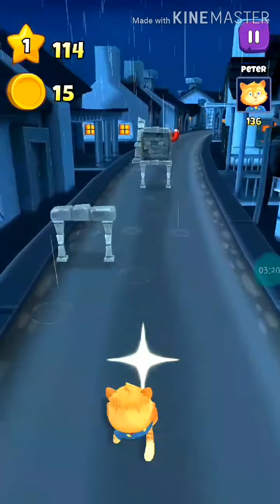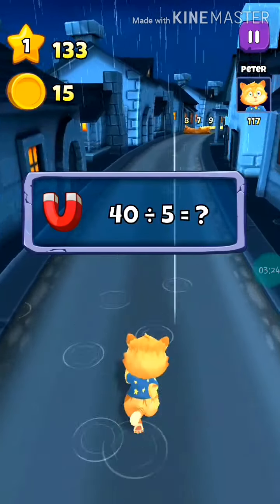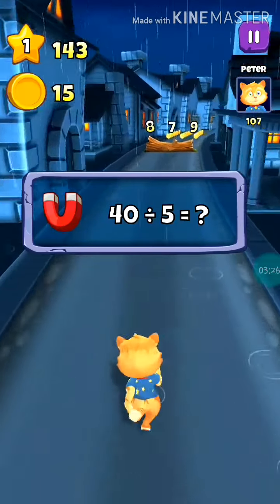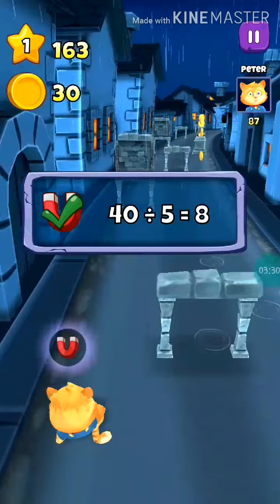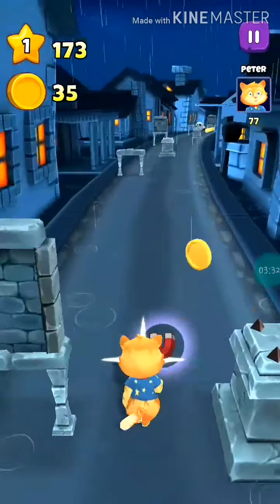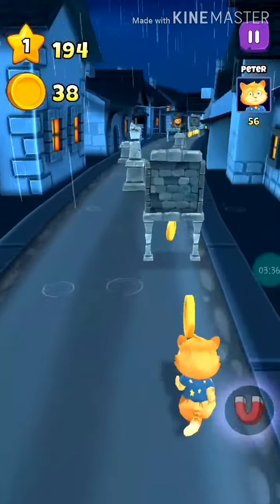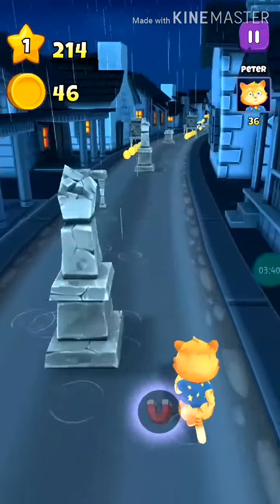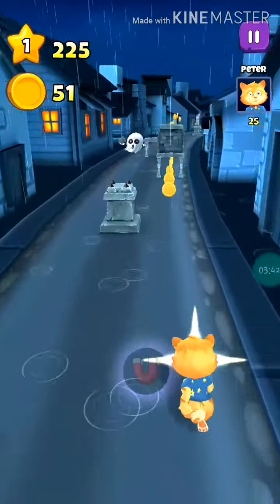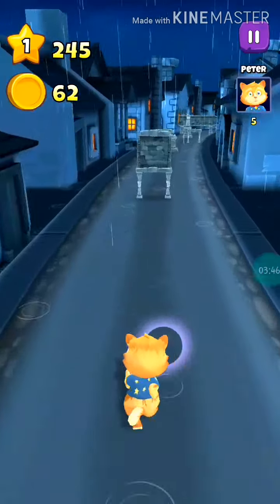So how fast you can do the calculation, that is the main thing in this game. 40 divided by 5, our answer will be 8, and 8 is on the left side, so we have to jump from the left. I hope you understand this. And we have to protect ourselves from those other characters. They will kill us. So I have to jump, and I have to collect the coins also.